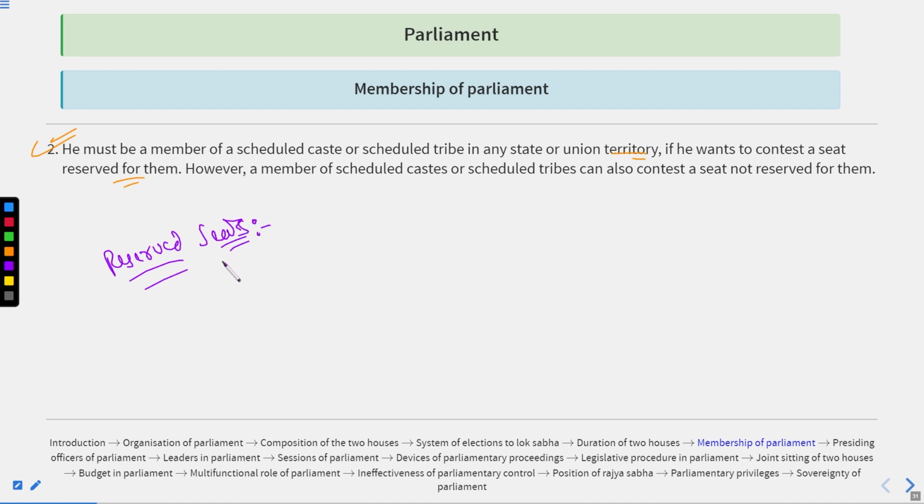which are basically based on the population ratio. All right.